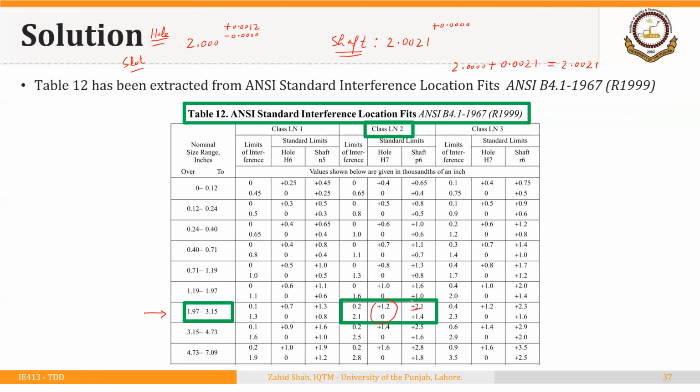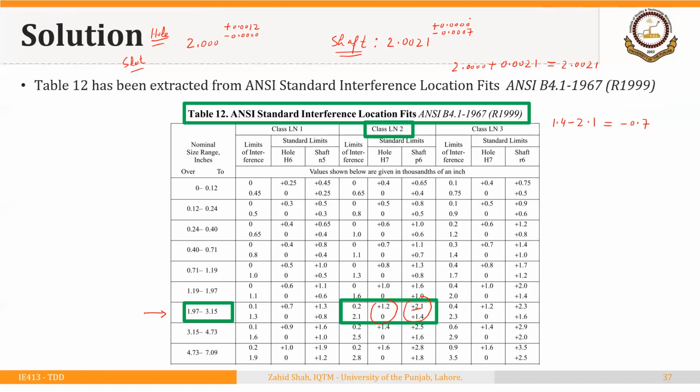So that will be equal to the difference of these two values, 1.4 minus 2.1, that is minus 0.7, or minus 0.7 divided by 1000. So that will be equal to minus 0.0007. Now we have determined the sizes of the hole and shaft.